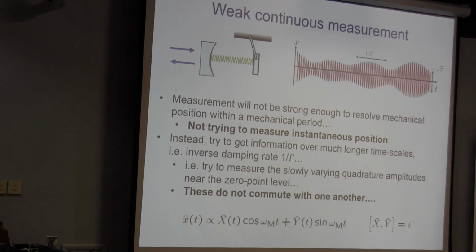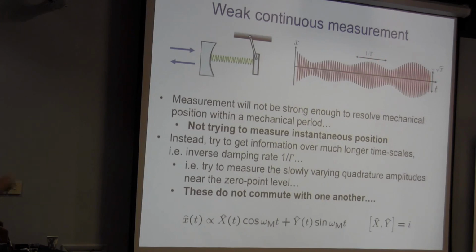Okay, so an equivalent way of thinking about that is, if I think about writing the mechanical motion in terms of these quadrature amplitudes, so look, I know it's oscillating at the mechanical frequency, cosine of omega_m t, sine of omega_m t. I'd like to know how the amplitudes of those two terms are changing in time. And that's something that's happening on a much slower time scale than the mechanical frequency.